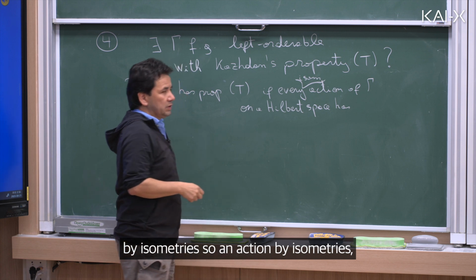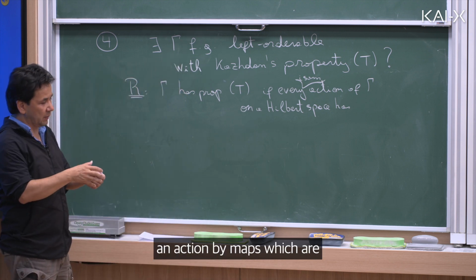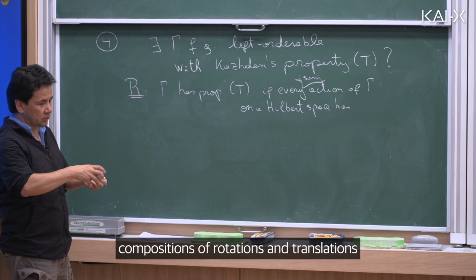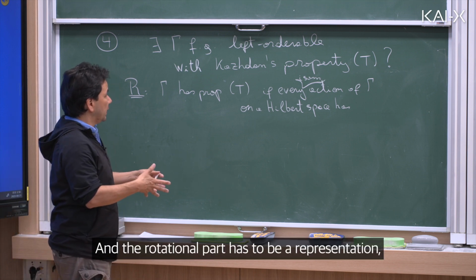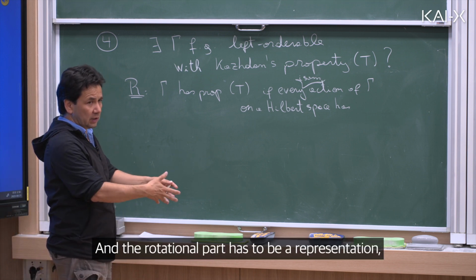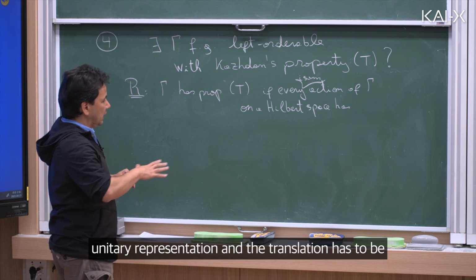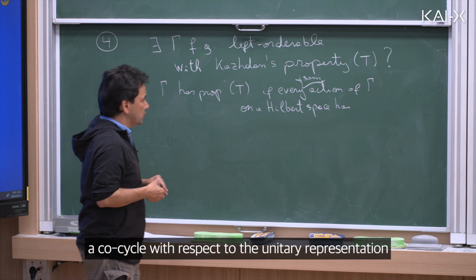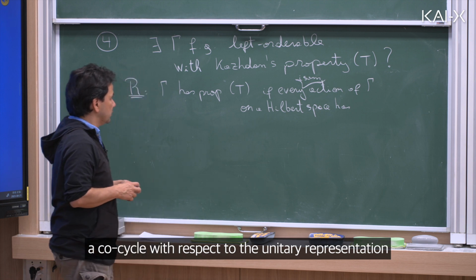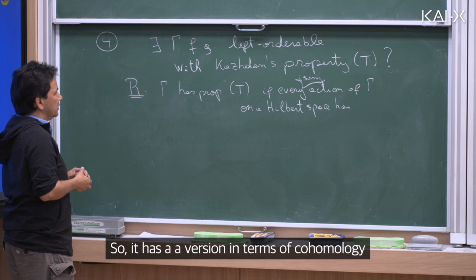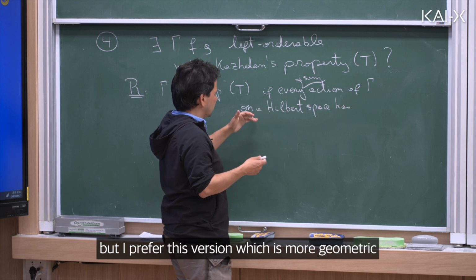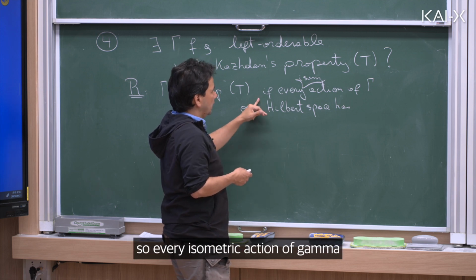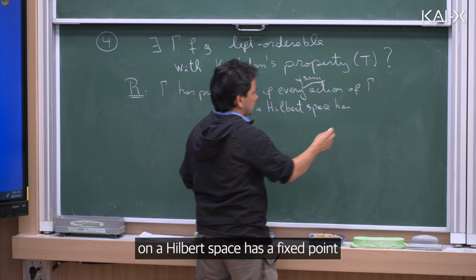So an action by isometries is an action by maps which are compositions of rotations and translations. Okay, and the rotational part has to be a unitary representation, and the translation has to be a cocycle with respect to the unitary representation. So it has a version in terms of cohomology, but I prefer this version, which is more geometric. So every isometric action of gamma on a Hilbert space has a fixed point.